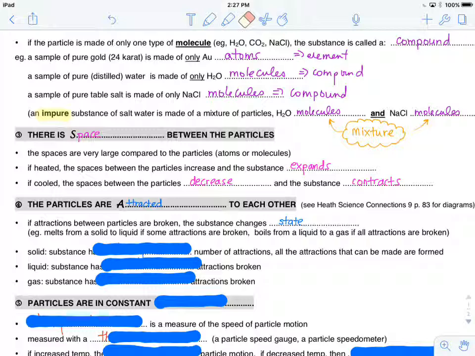So in a solid, a substance has a large number of attractions, and all the attractions that can be made are formed. In a liquid, though, we have fewer attractions. So we only have some attractions that remain. Some of them have been broken. And in a gas, virtually all of the attractions, or most of the attractions, are broken.